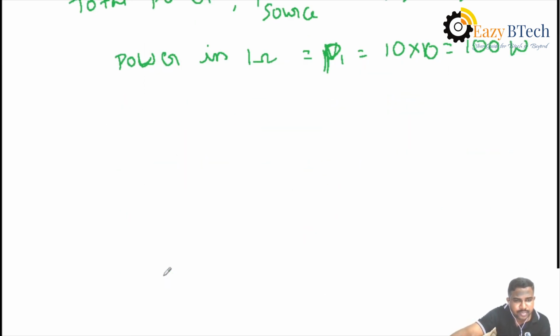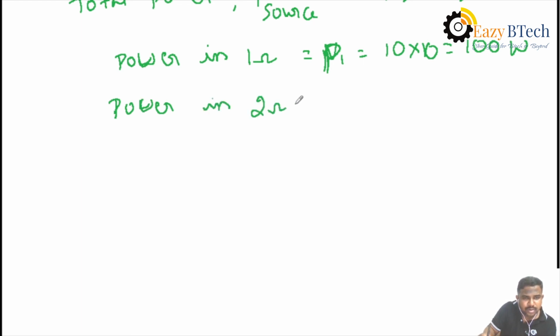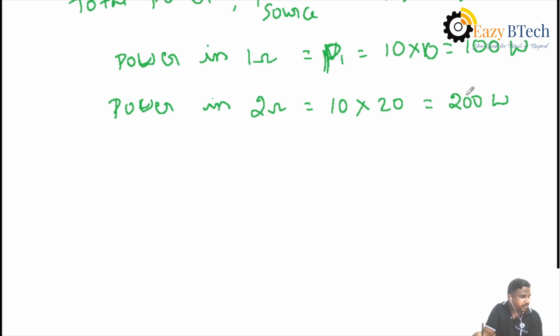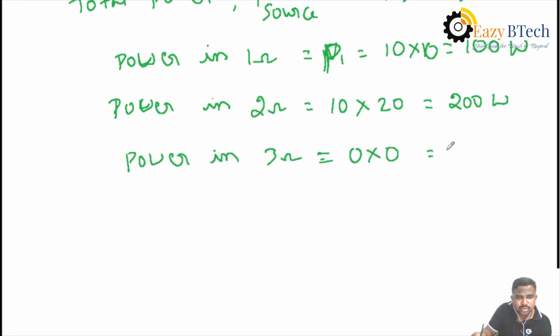Similarly, the power in 2 ohms, passing current is 10 and voltage drop is 20, then the total power in the 2 ohms is 200. Okay. Similarly, what is the power in 3 ohms? We know the current value is 0 as well as the voltage value 0. Then there is no power loss in 3 ohms.